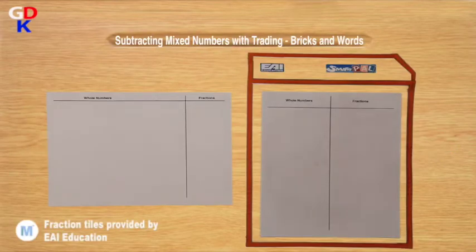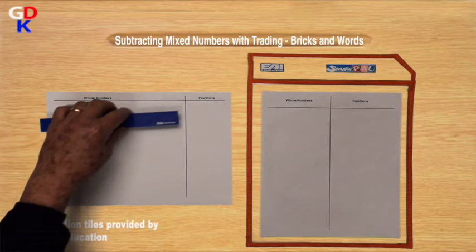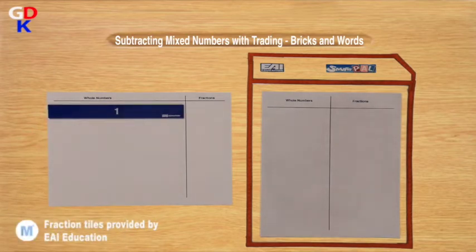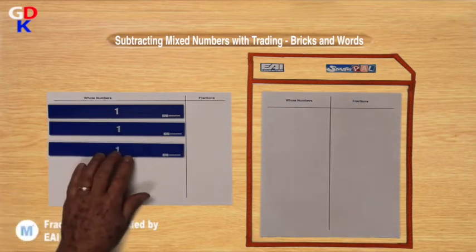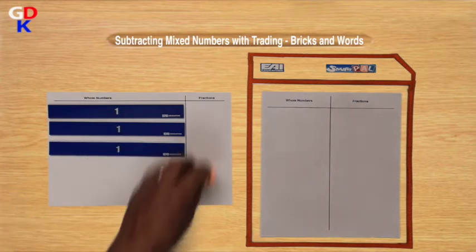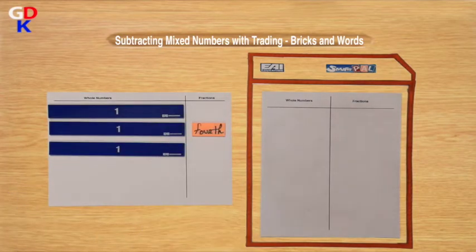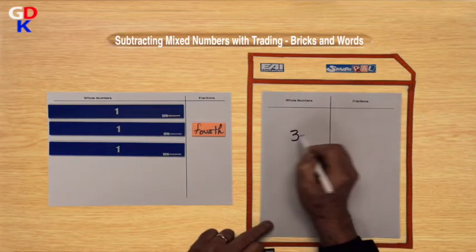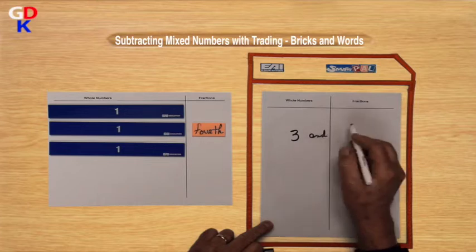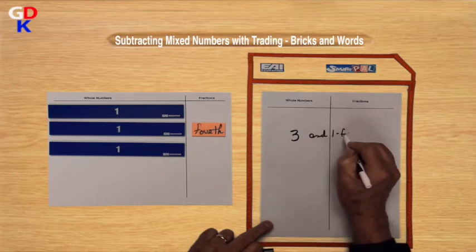We're talking about subtracting mixed numbers. So let's look at the mixed number 3 and 1/4. And let's record that in words. 3 and 1/4.